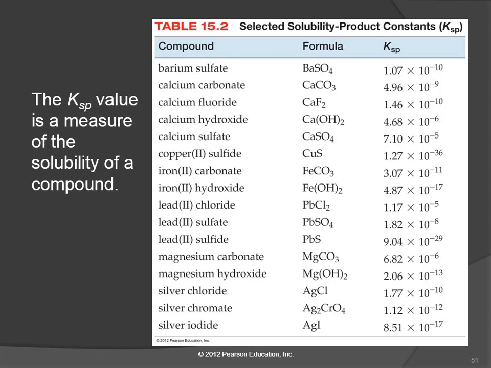So we talked earlier about the solubility rules, right? And we said, okay, well, these things are soluble, these things are insoluble. It turns out nothing is perfectly insoluble. Practically insoluble, yes. But all of these are in equilibrium with their ions.